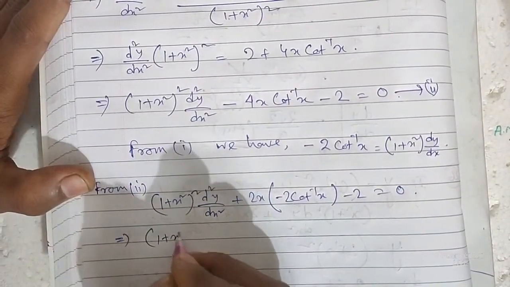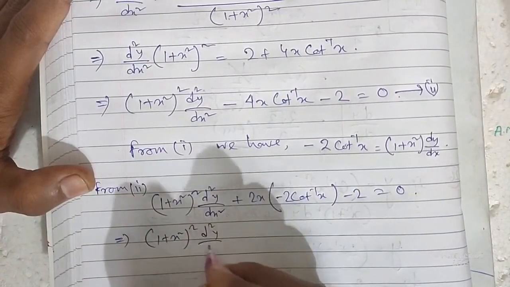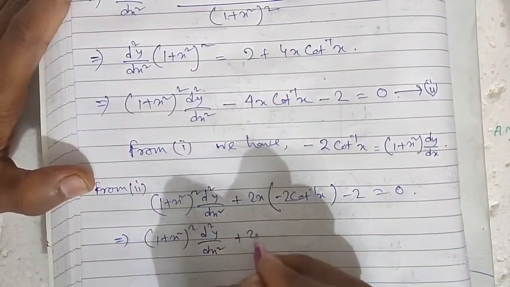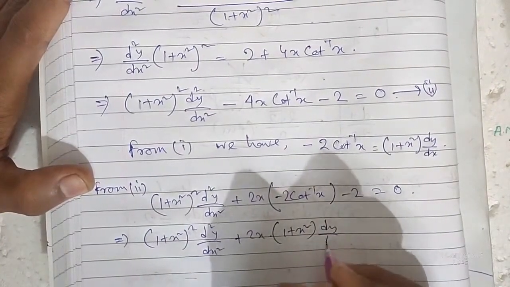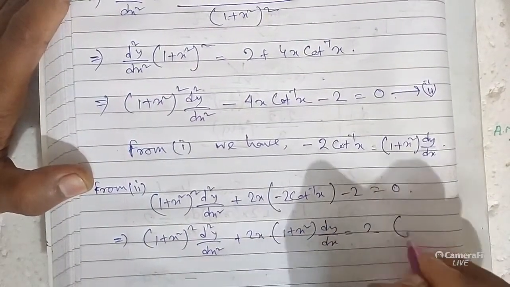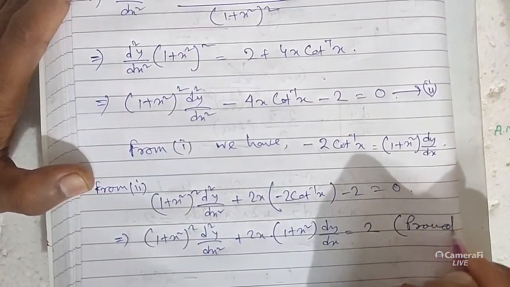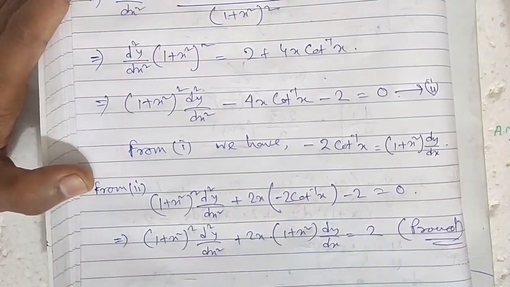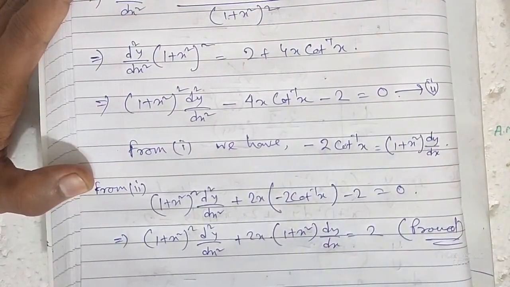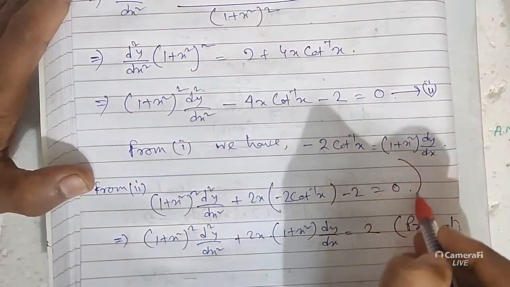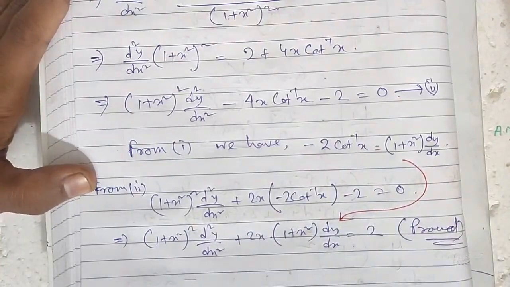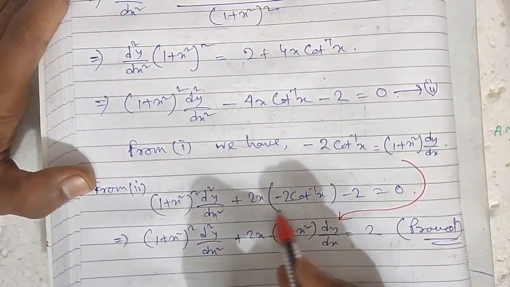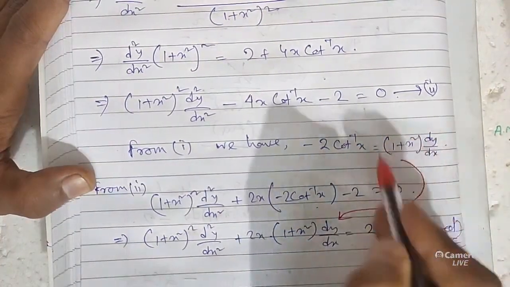That is 1 plus x square whole square d2y by dx2 plus 2x into 1 plus x square dy by dx is equal to 2. This value I have written here, in place of minus 2 cot inverse x I have written this.